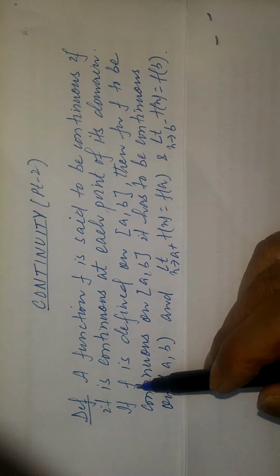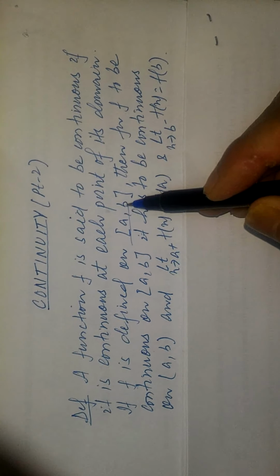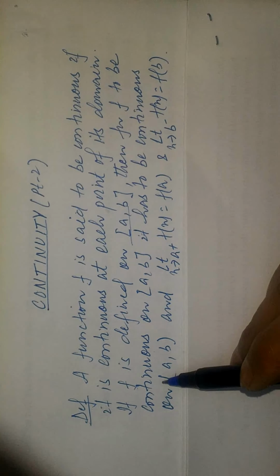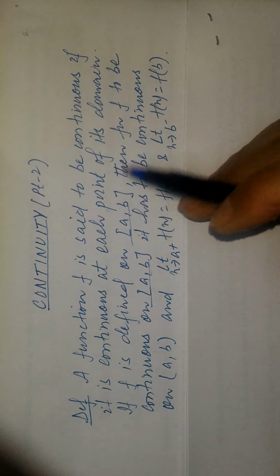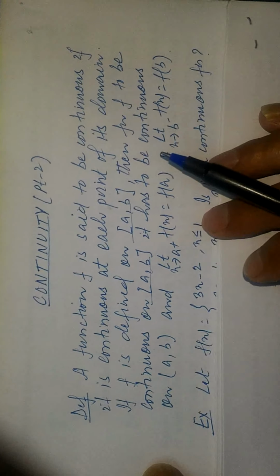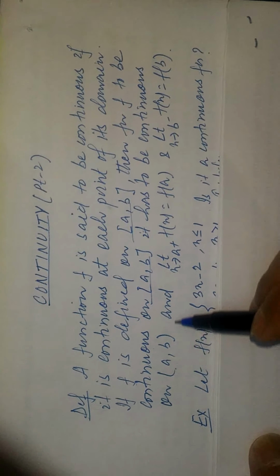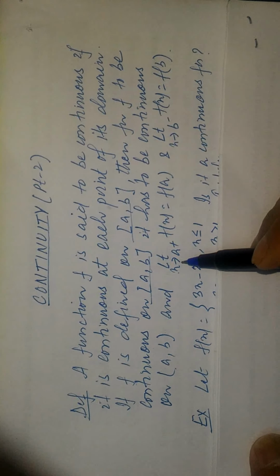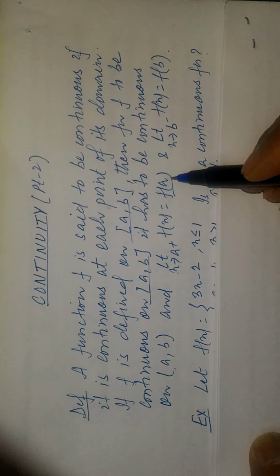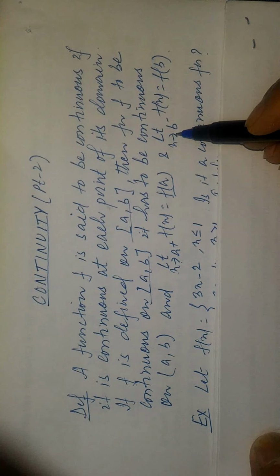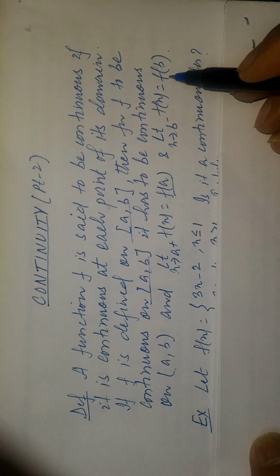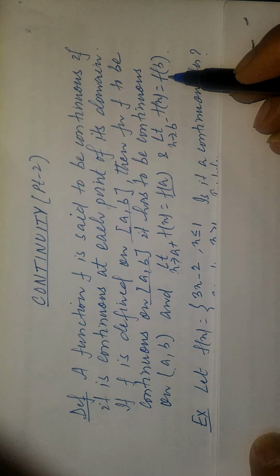Say f is defined on a to b. For f to be continuous on [a, b], it has to be continuous in the open interval (a, b), and the right hand limit at a should be equal to f of a, and the left hand limit at b should be equal to f of b.